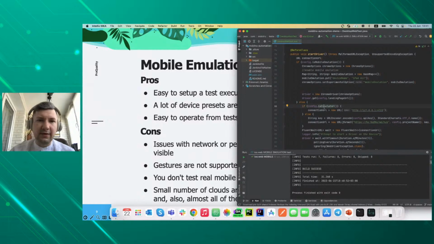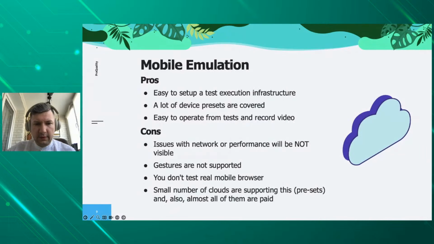Everything is working because, again, it's not even Safari, it's just Chrome with a particular user agent and maybe screen size. Everything is like on the web desktop version. Okay.